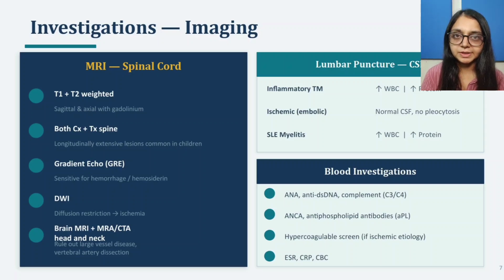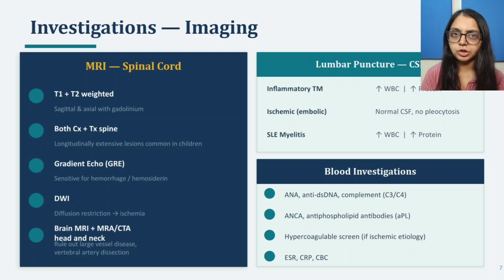DWI, that is diffusion weighted imaging, diffusion restriction points towards ischemia. Also do a brain MRI with vascular imaging of the head and neck vessels. This can help identify large vessel disease, vertebral artery dissection or coexisting intracranial pathology.